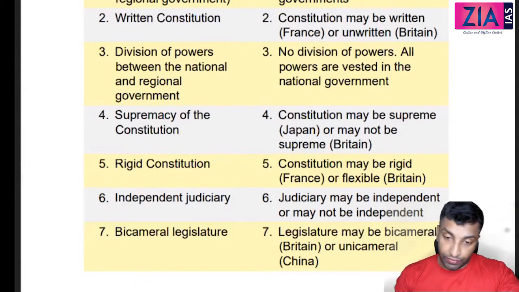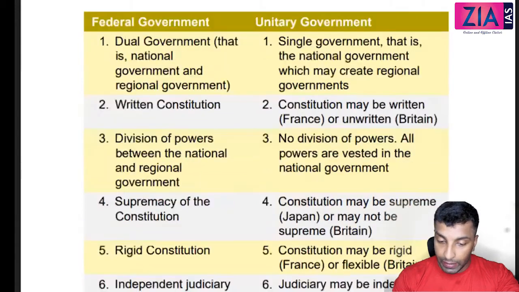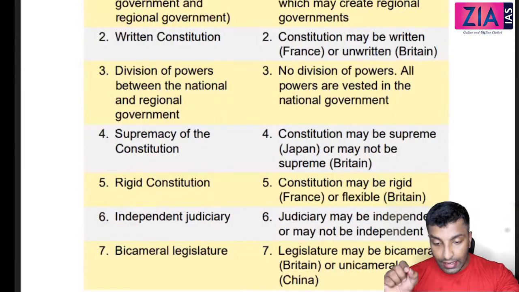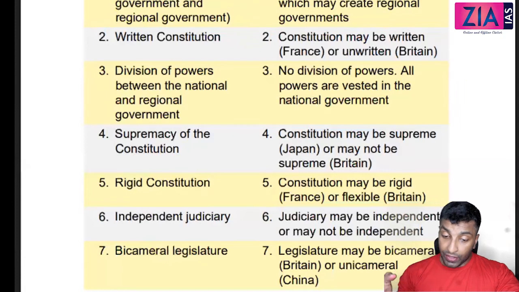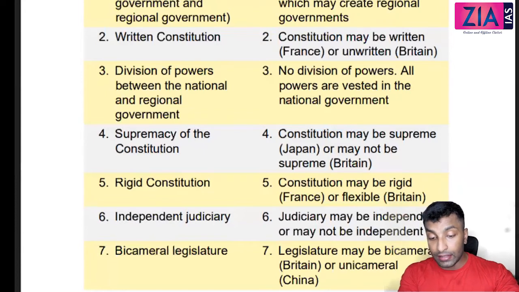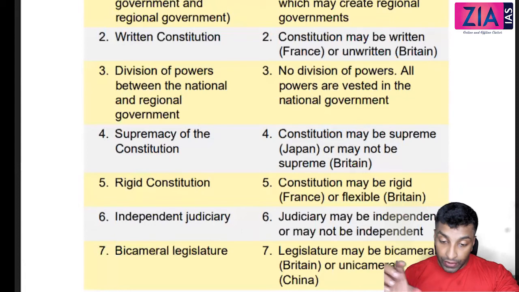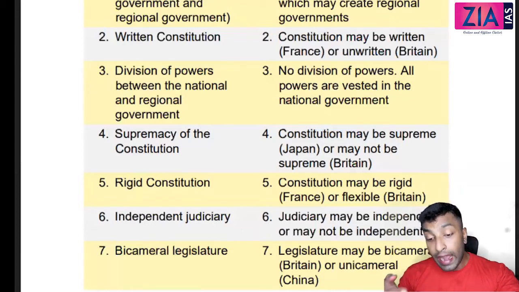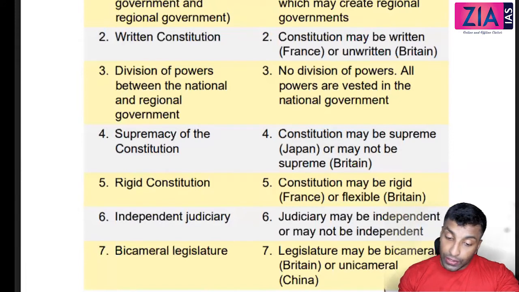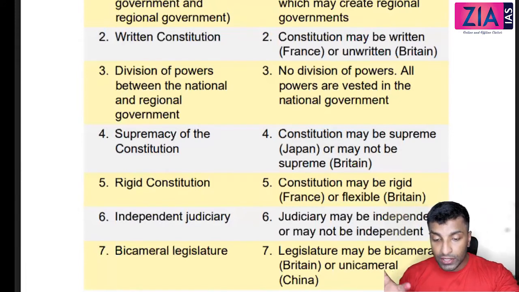So when we discuss a federal government, the main feature is a rigid constitution. But when we discuss arguments in favor and against, we will say there are some elements, mainly 5, where we are rigid because we need a 2/3 special majority from the parliament, and after that the bill also has to be passed by 50% of the states with a simple majority.